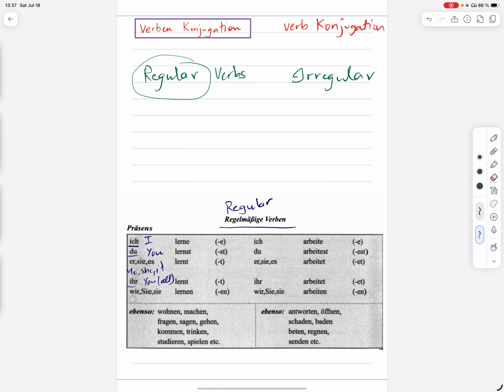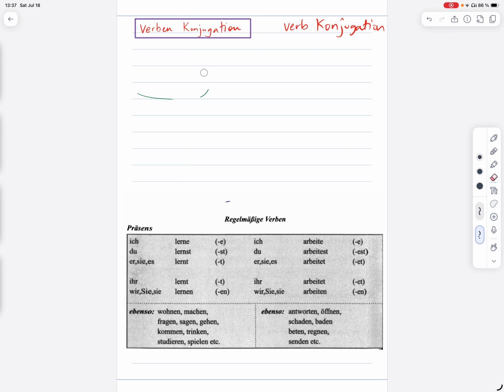Then we have wir, we, and then Sie, the formal form of du, which is you but in a formal way. And then we have sie, which means they. So we have these personal pronouns, and then we will see how the conjugation happens to a verb for all these cases. Let me write all these personal pronouns upstairs, and then we will compare what changes happen.